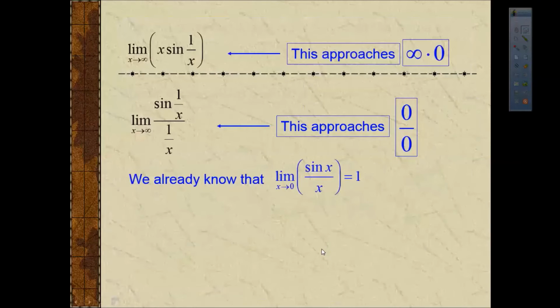Now, you might recognize this as a form of one of the limits we learned a long time ago: the limit as x approaches 0 of sine of x over x, or sine of u over u, or sine of theta over theta, is 1. As x approaches infinity, 1 over x is approaching 0, so these are essentially the same problems. But we should be expecting an answer of 1. Let's see if it checks out.